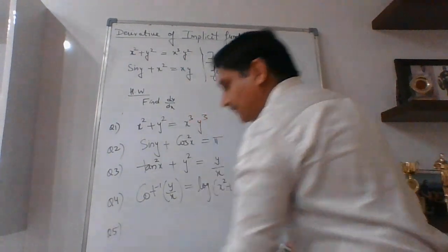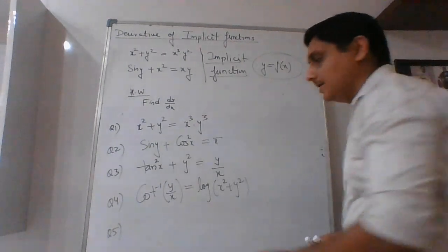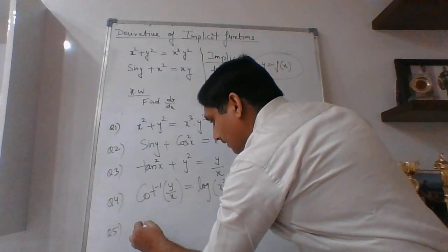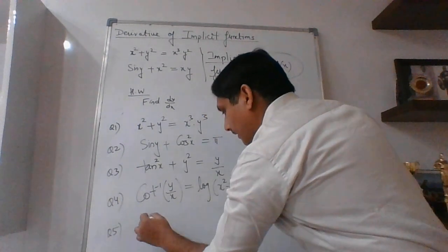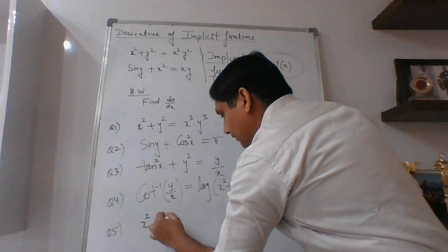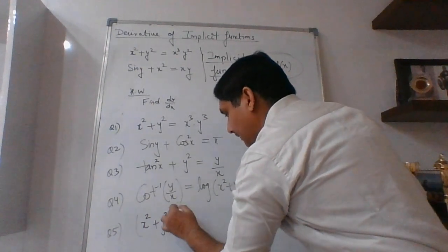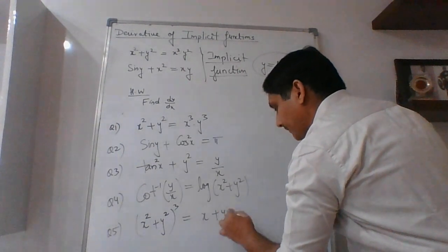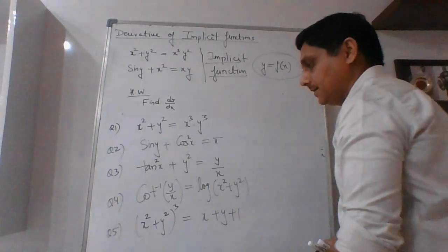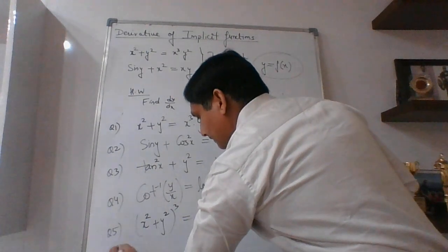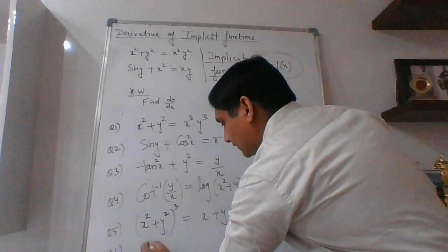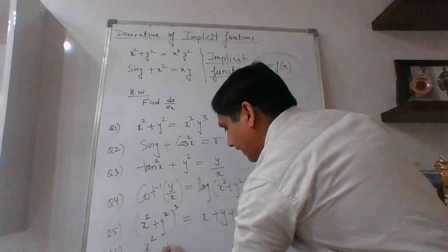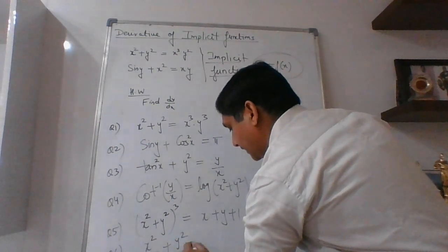Number 5, x square y square to the power of 3 is equal to x plus y plus 1. Number 6, x square upon a square plus y square upon b square is equal to 1.